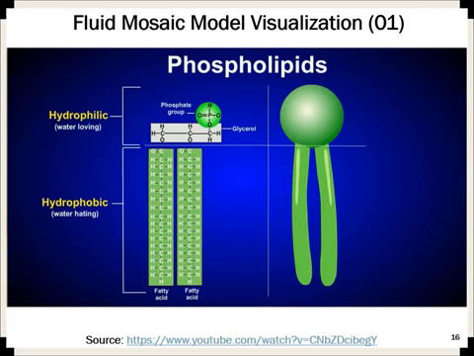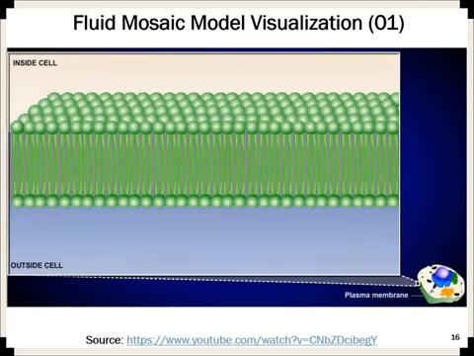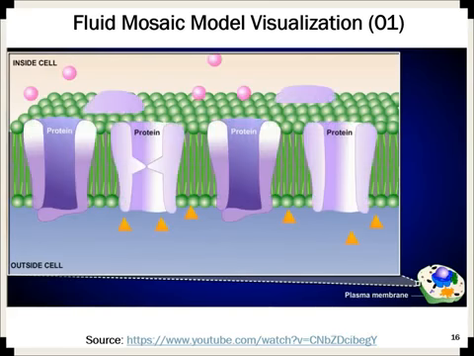Because of these unique properties, when placed in a liquid environment, phospholipids tend to arrange themselves into a phospholipid bilayer, so that only the hydrophilic heads interact with a watery environment, and the hydrophobic tails crowd inward, away from the water. The plasma membrane of a cell also contains other molecules that aid in its function. There are a number of different proteins embedded in a membrane, and they serve a variety of functions.